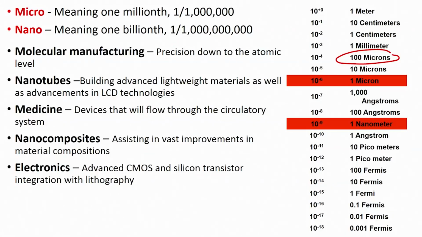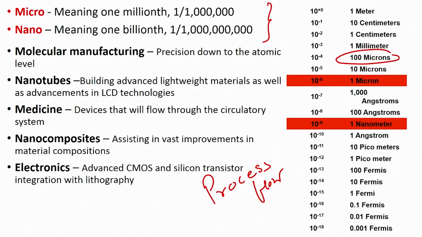These are extremely small values, and it is extremely important to understand something called a recipe, or process flow. It is very important to understand what a recipe is and what a process flow is.